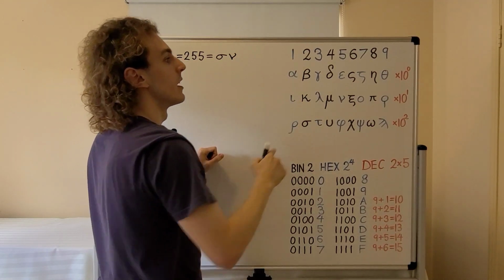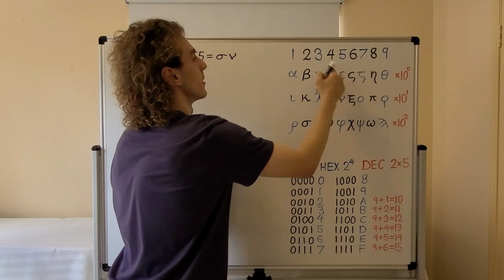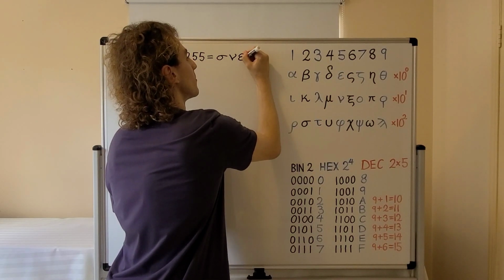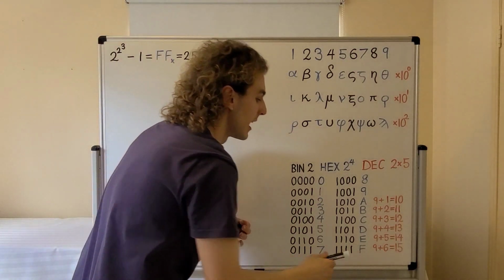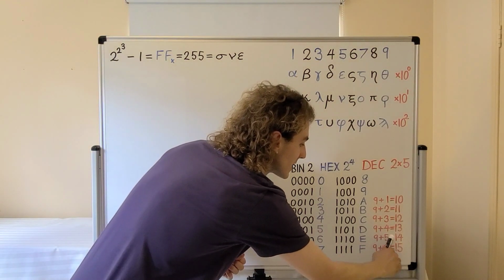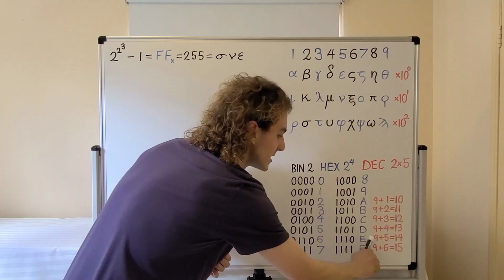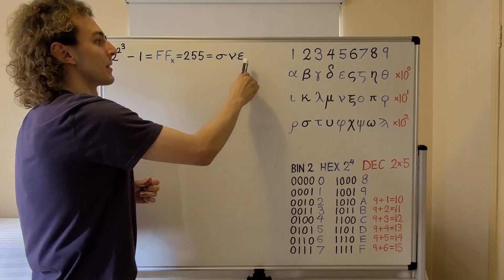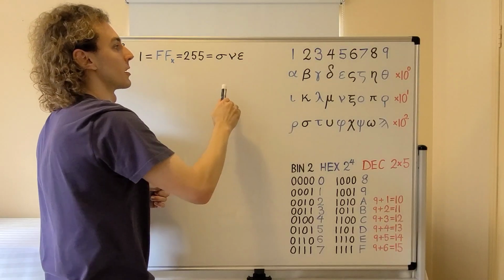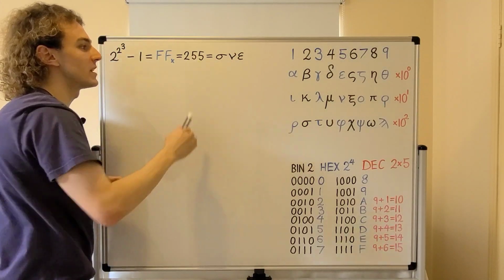And what about 5? 5 is represented by epsilon. That is epsilon over here. And epsilon is analogous to E in the Latin alphabet. And you can see that it is 9 plus 5 over here. So that is analogous to this E over here. It's the 5th letter in the sequence. So sigma, nu, epsilon. That is used to represent 255.